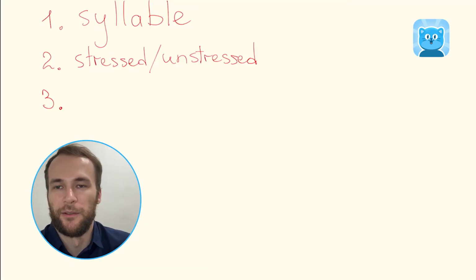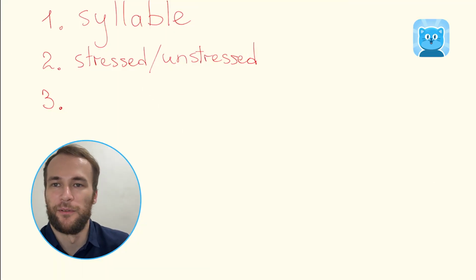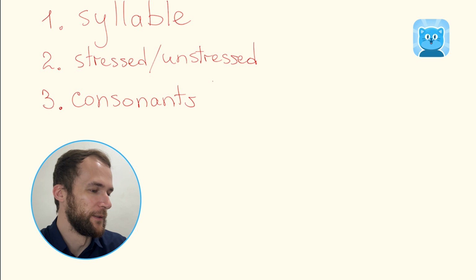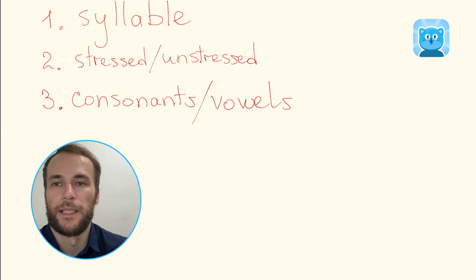Now here I need to explain what consonants and vowels are, because again, if you don't know this, then you will have a problem in the future, because the Russian language is all about vowels and consonants also. So consonants, or consonant sounds, and vowels, or vowel sounds.